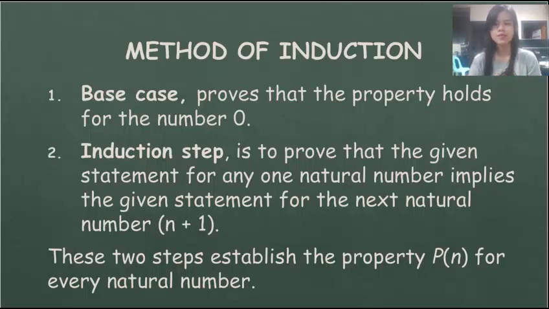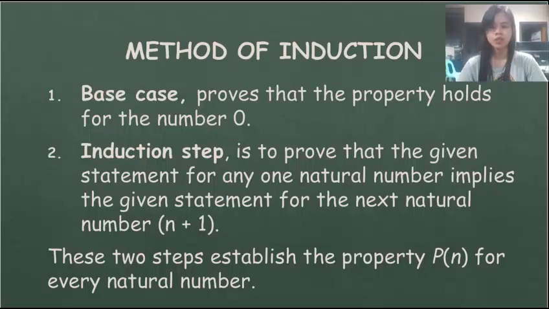The first case, called the base case, or sometimes the basis case, proves that the property holds for the number 0. The second case is called the induction step. That proves that if the property holds for one natural number, then it holds for the next natural number, presented as n plus 1.